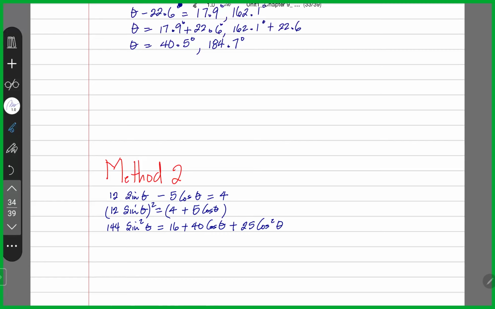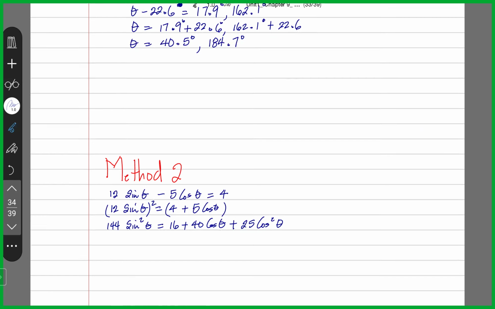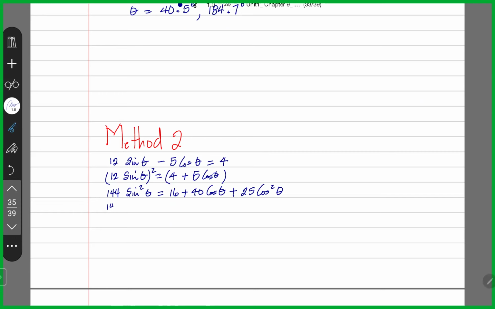Now, what they could do is make this a quadratic equation with only cos theta alone by converting sine squared to 1 minus cos squared. So this is 144 times 1 minus cos squared theta is equal to 16 plus 40 cos theta plus 25 cos squared theta. And all we have to do is solve this quadratic equation.